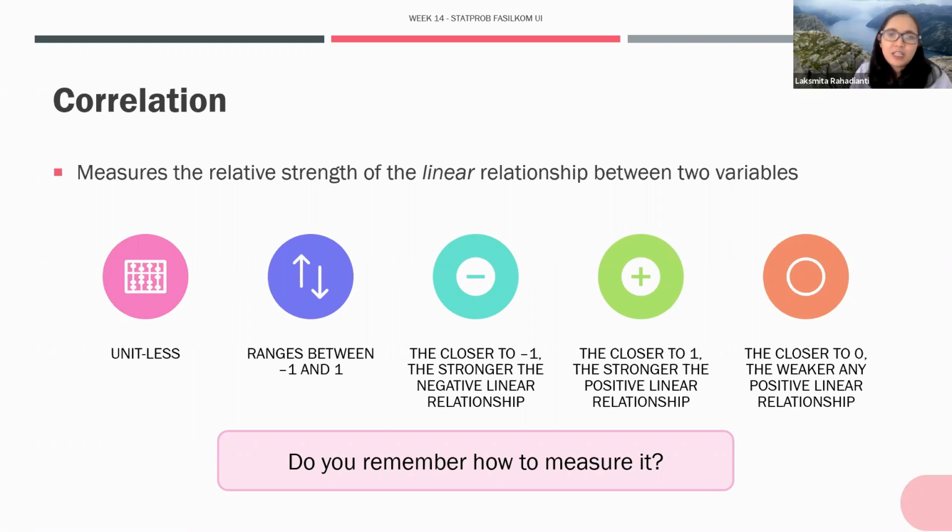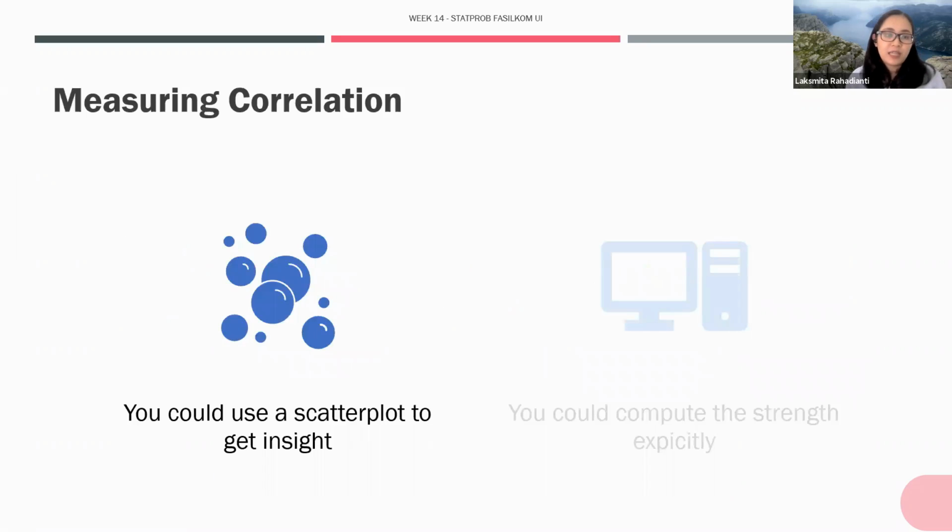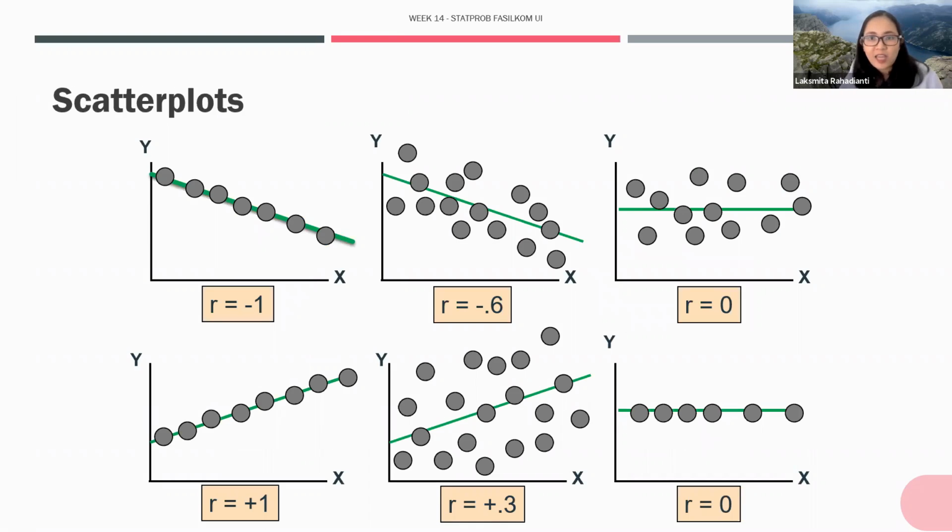But if I just need to know a general idea about the relationship between the two, I could also use a scatter plot to get insight. So I'm going to show you some scatter plots just so you guys remember what it's supposed to look like. It looks like that, right?